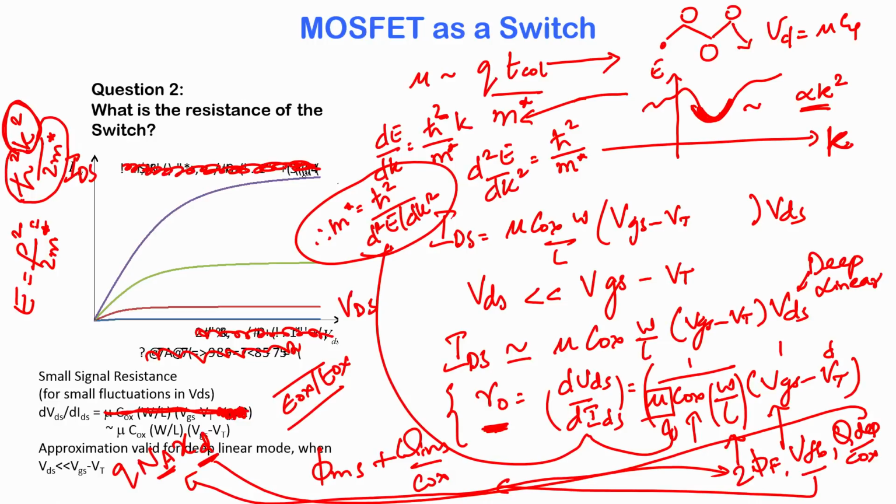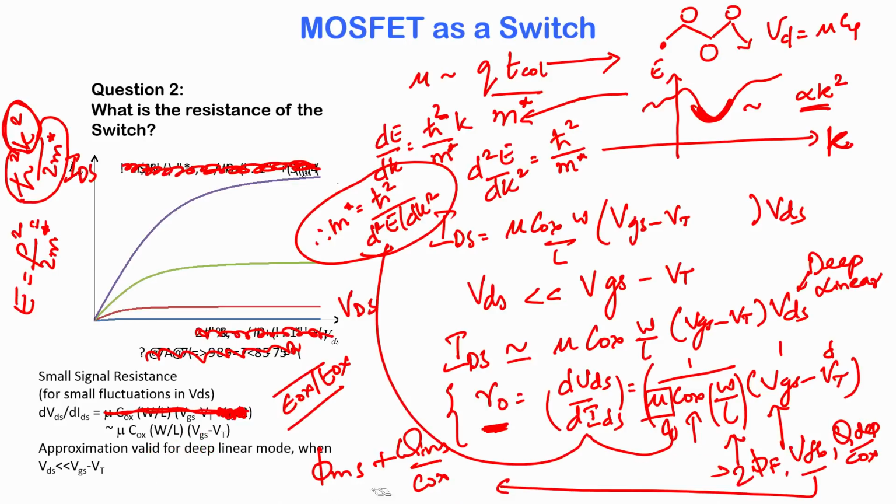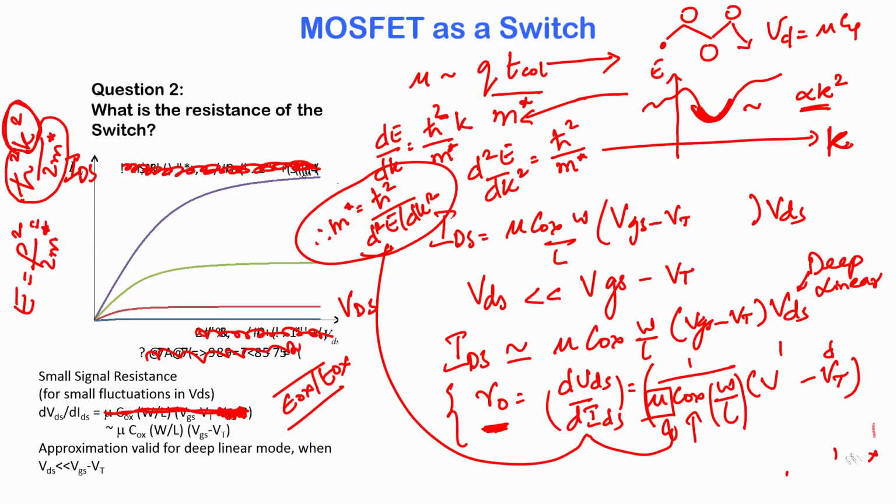So, here is a complete breakdown of the output impedance of the MOSFET in linear mode with respect to all the device physics that we have learned so far. So, this connection is the value or the message of all these lectures.